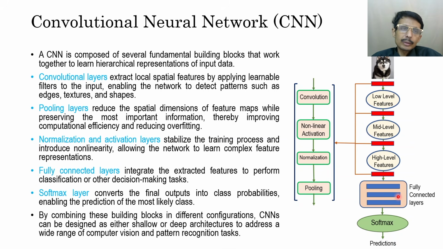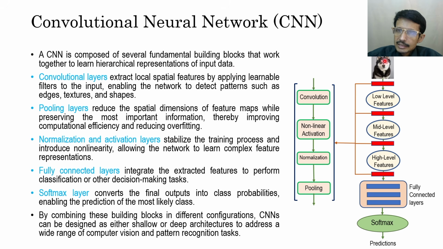Now we are going to understand the different modules of convolutional neural network. So, a CNN is composed of several fundamental building blocks that work together to learn hierarchical representation of data.